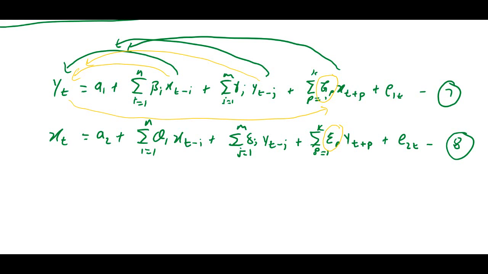This is the only difference between the Sims causality test and the Granger causality test. We just need to be careful with the interpretation of the lead values, where yt will be causing the lead value of x. Similarly, in the next equation, the lag value of xt causes xt, the lag value of yt causes xt, and xt causes the future value of y.